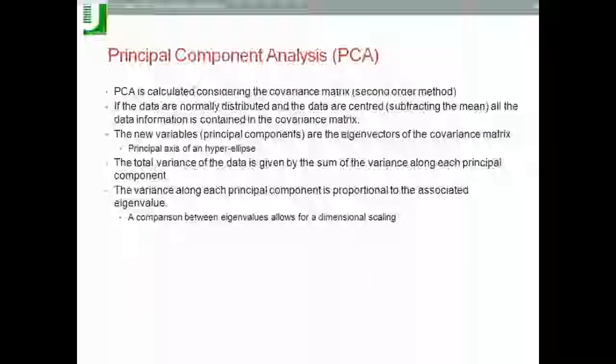So this is basically the principal component analysis. The principal component analysis identifies the principal directions of the covariance matrix, or better, of the ellipsoids associated with the covariance matrix. In which cases is this operation meaningful? It is meaningful if the data are normally distributed.